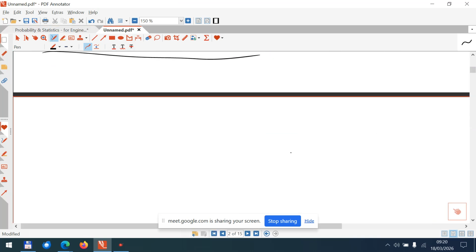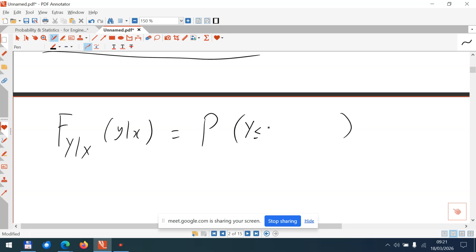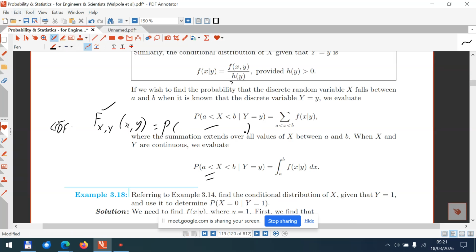What if I am interested in the conditional CDF, right? So capital F, and I want the conditional CDF, y given x. Now, this is also a probability. So I can first express this as a probability, which is Y less than or equal to y, conditioned on X equals x, and then I just need to remember this thing.